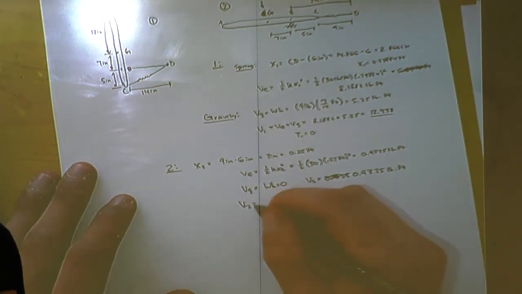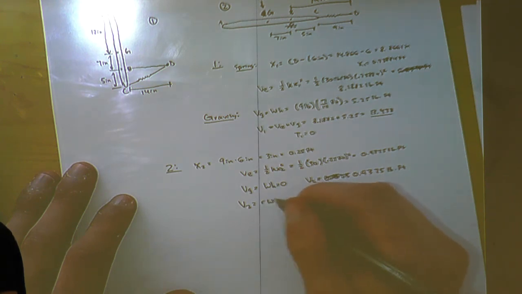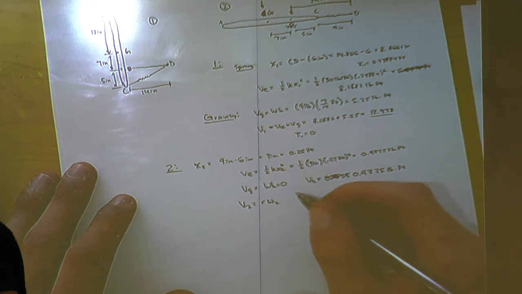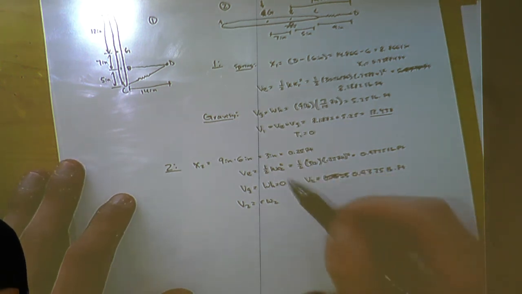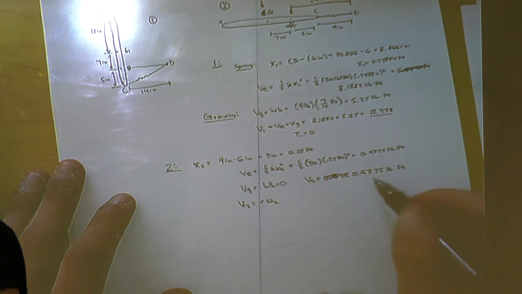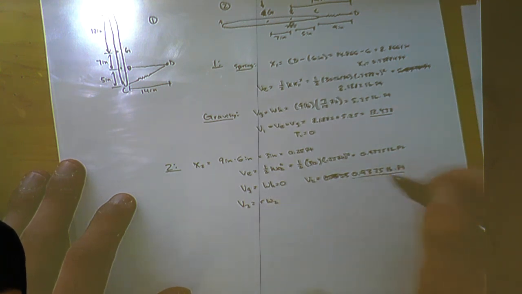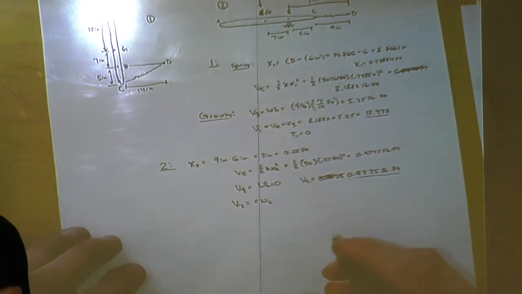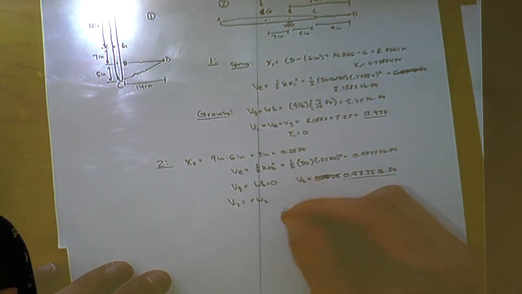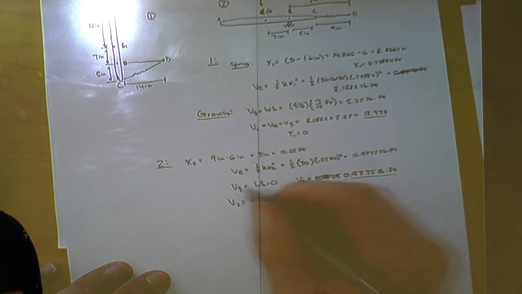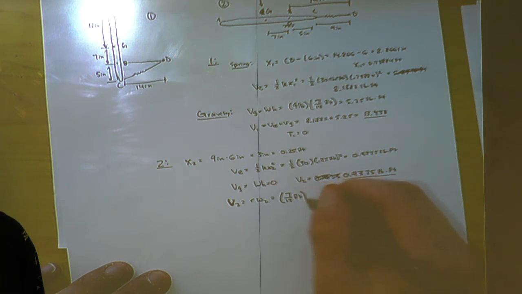And our kinetic energy at 2. The velocity at 2 is equal to the radius times the angular velocity, so we have 7/12 feet times the angular velocity at 2.